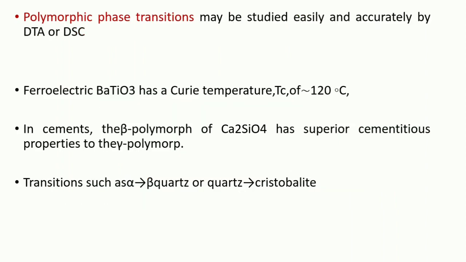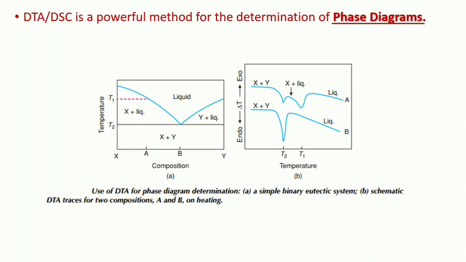DTA and DSC are powerful methods for the determination of phase diagrams, especially in conjunction with other techniques such as X-ray diffraction for phase identification. Its use is illustrated in picture B here. For two compositions in a simple binary eutectic system shown in A, on heating composition A, melting begins at eutectic temperature T2 and gives an endothermic peak.